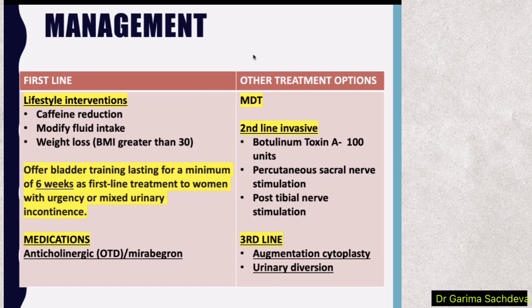Second line options are botulinum toxin, which is injected in the bladder wall, 100 units, or neuromodulation like percutaneous sacral nerve stimulation or posterior tibial nerve stimulation. And last is augmentation cystoplasty or urinary diversion, which are the end. If she is not responding to anything, then only you go for surgery.